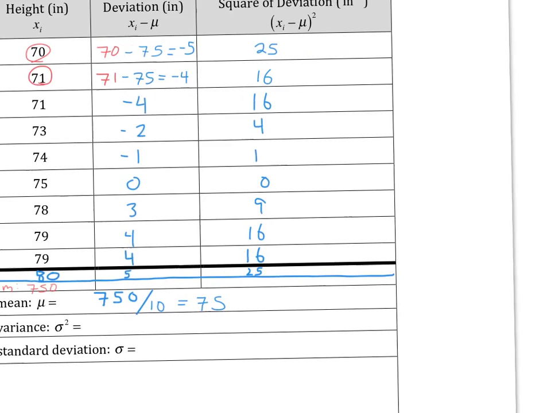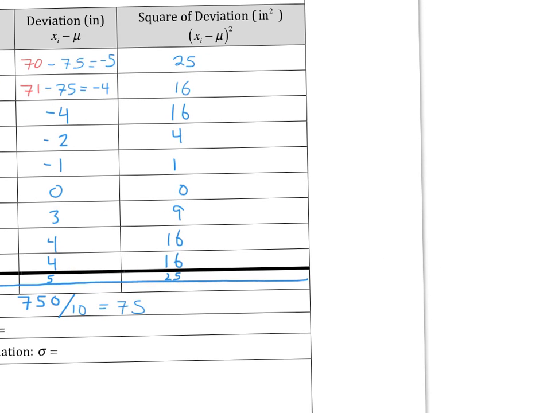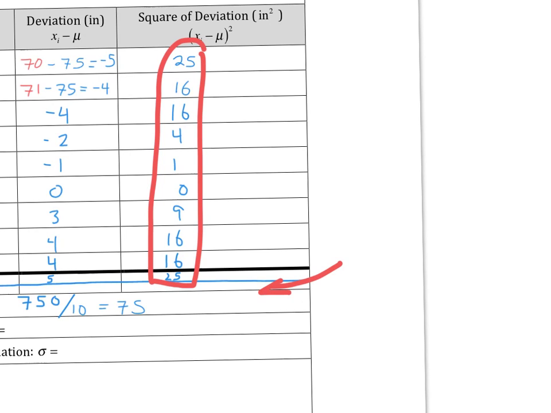Now we have to find out what the variance is. If you recall what variance is, add up all the squares. So we're going to add up all of these numbers. And again, I didn't leave a lot of space there, my apologies. And then we're going to divide by the total number, which I believe is 10 players on the team.